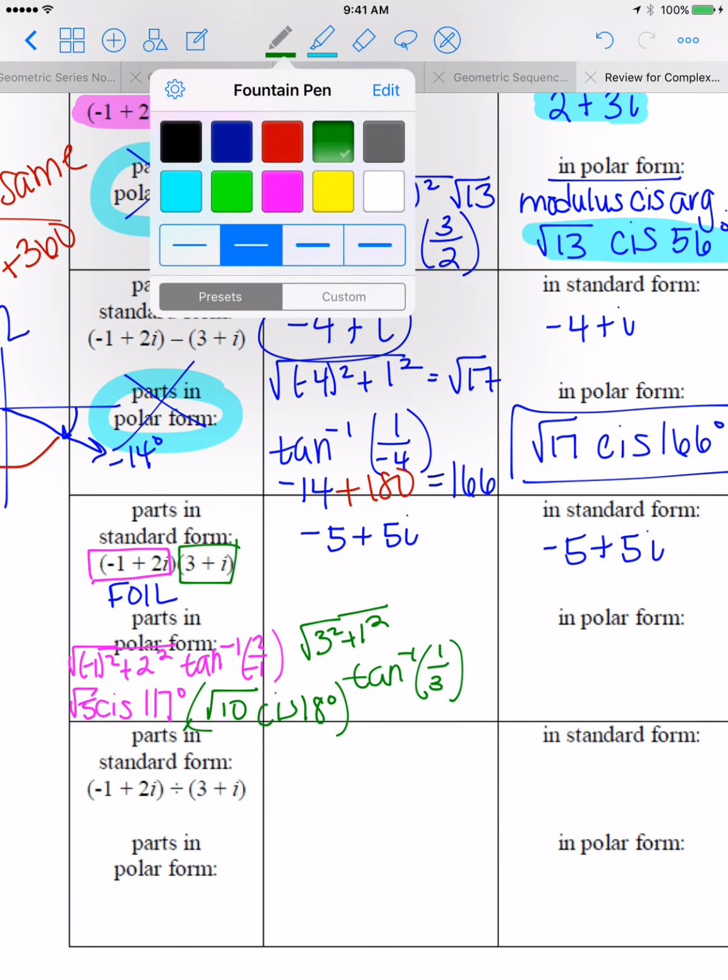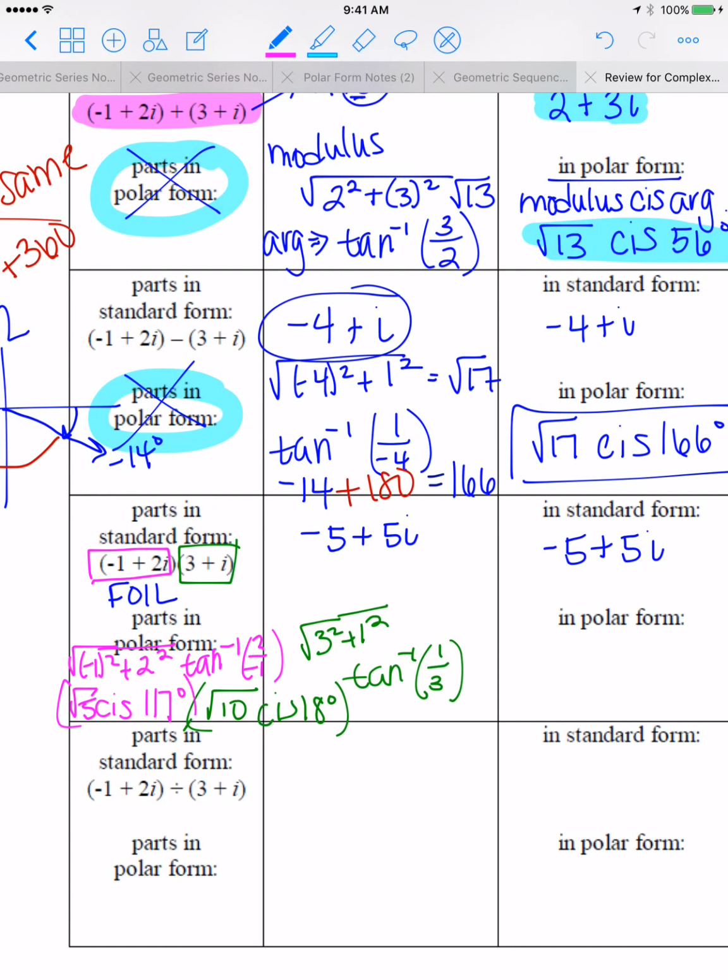Now, remember we talked about this yesterday. Because they're being multiplied, we can multiply these two moduli together. So if we do that, we get square root of 5 times square root of 10, which is going to give us square root of 50, CIS, and then we said we can take our degrees and add them together.